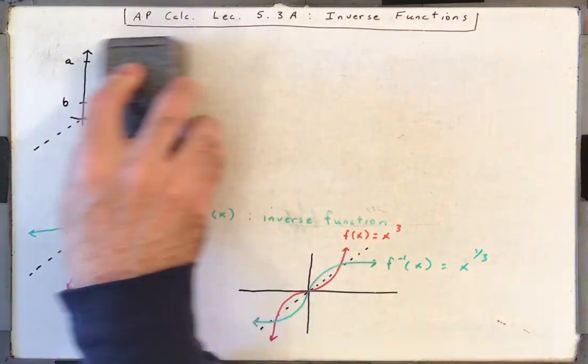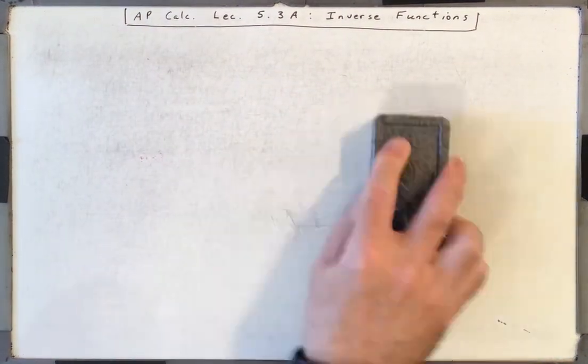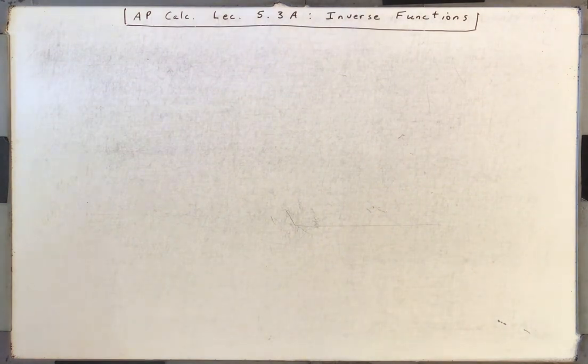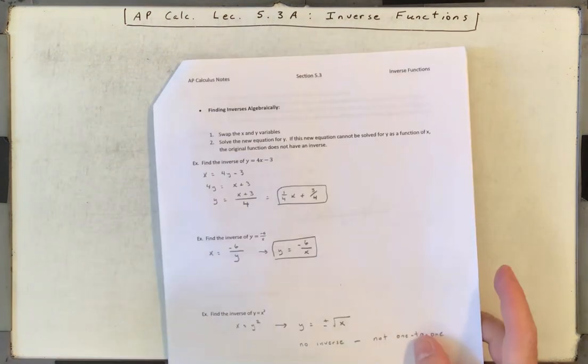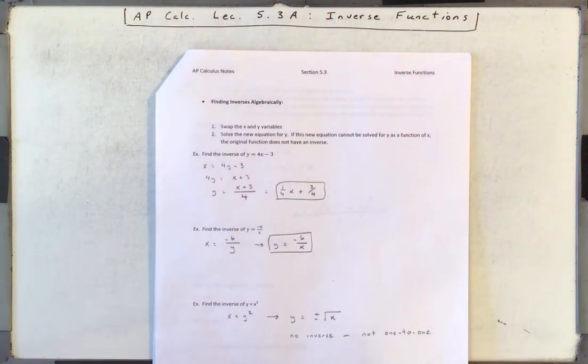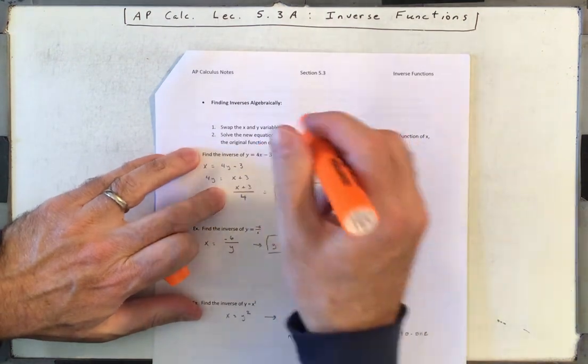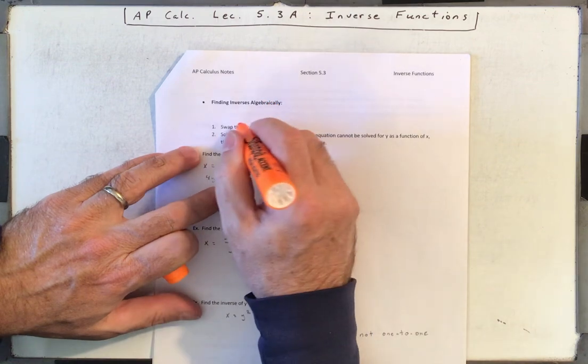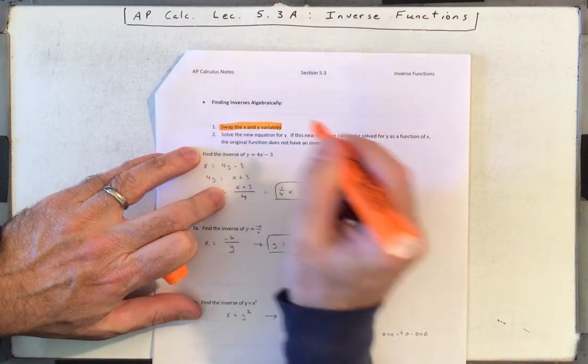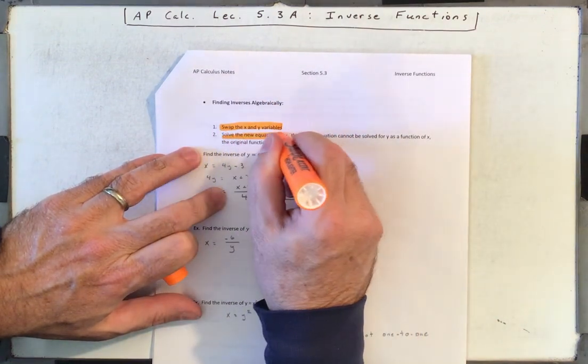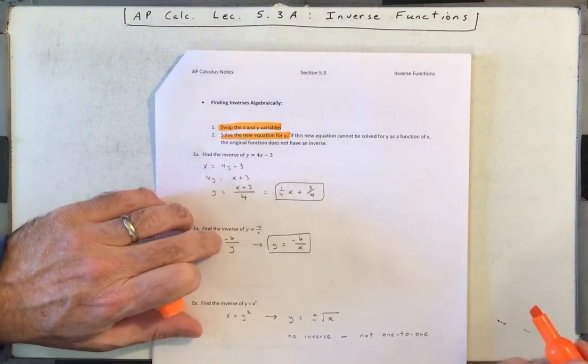Well, now we'll get into the algebra of inverses. Finding inverses algebraically, hopefully you remember this from pre-cal, it'll ring a bell. We're going to swap the x and y variables and solve the new equation for y.